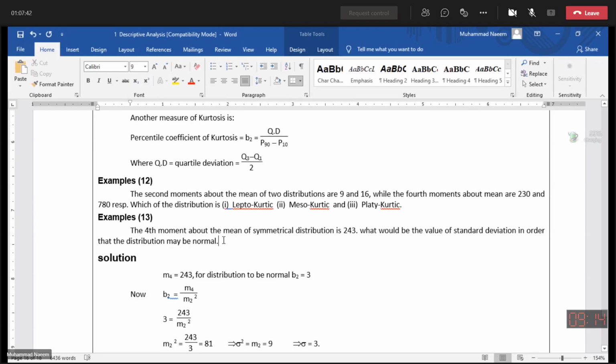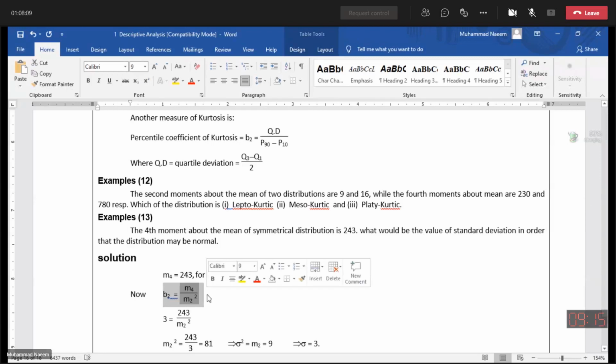Normal means the value of B2 is 3. After this information is given, what is the formula for B2?